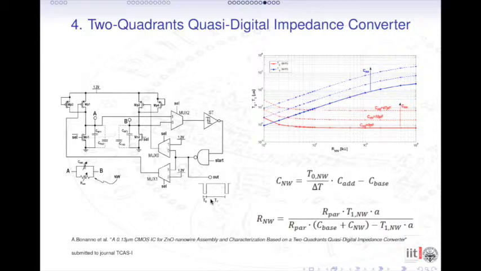This circuit is able to apply an AC signal to stimulate the passive nanosensor and to change the polarity of the applied stimulation signal.